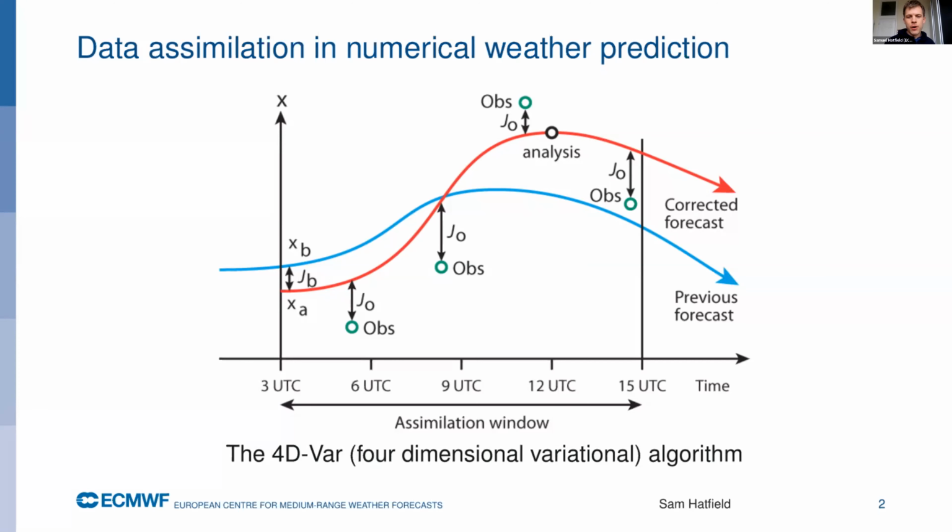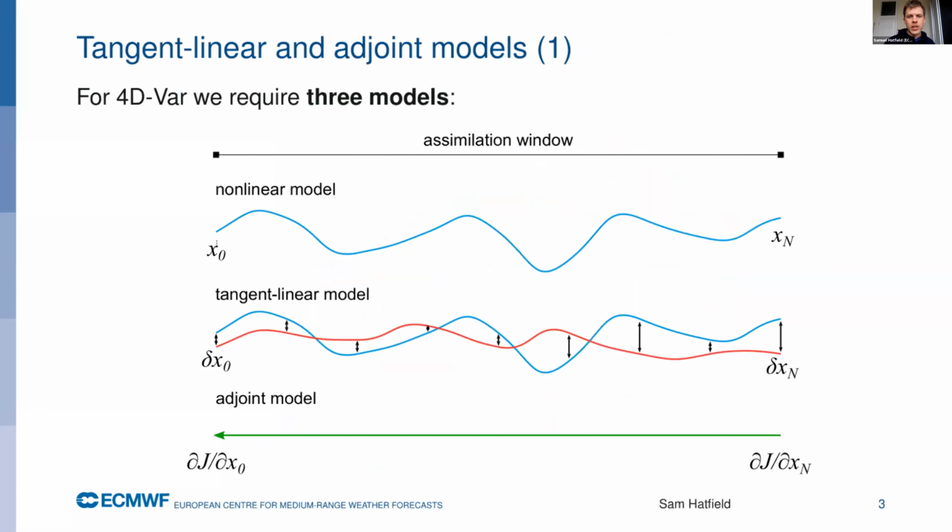So this 4D-VAR algorithm relies on not just a nonlinear model operator to evolve atmospheric states forward in time over the window, but also 2 more models, which are linearizations of this model. So the first is called the tangent linear model, and this model evolves perturbations of state vectors instead of full state vectors. So it is a linearization of the nonlinear model about this trajectory.